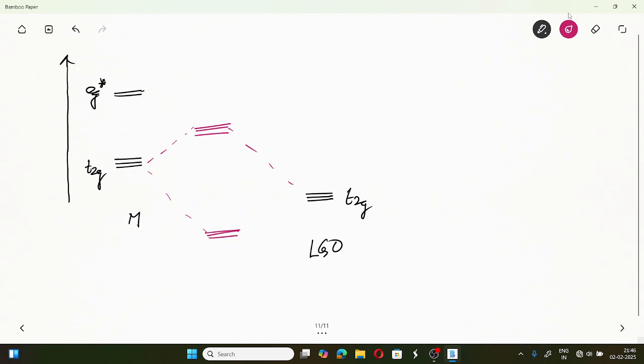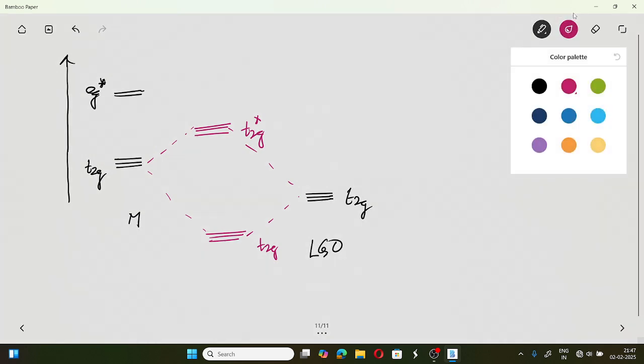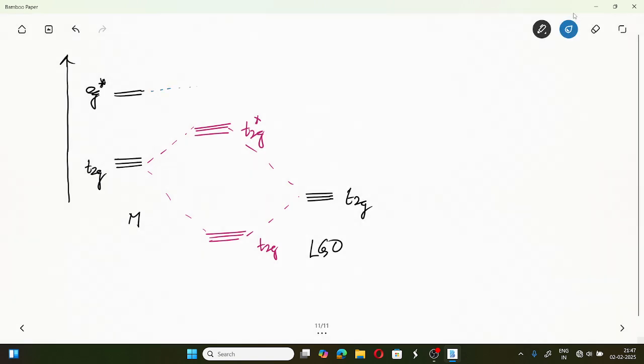Now this T2G and this T2G will be linearly combined to form this T2G molecular orbital and this T2G star molecular orbital. And this EG star will remain as it is.